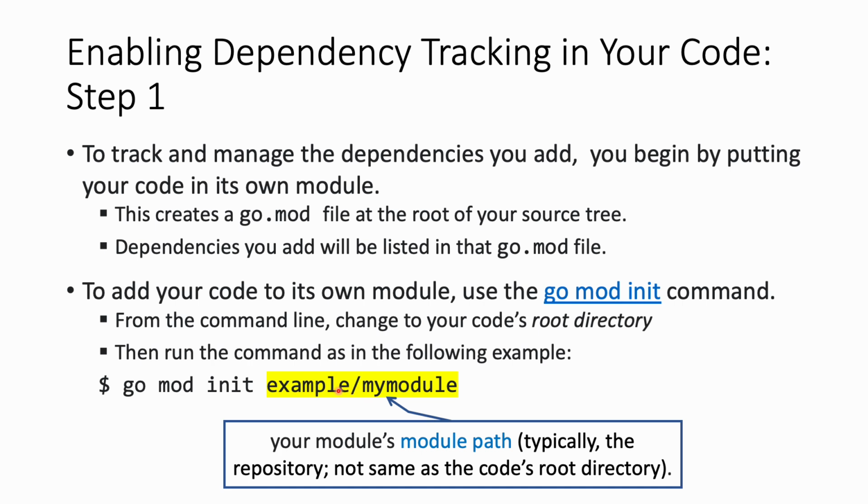Note that the module path is not the same as the root directory of the code. If possible, the module path should be the repository location of your source code. If at first you don't know the module's eventual repository location, then you should use a safe substitute as discussed in the next slide.